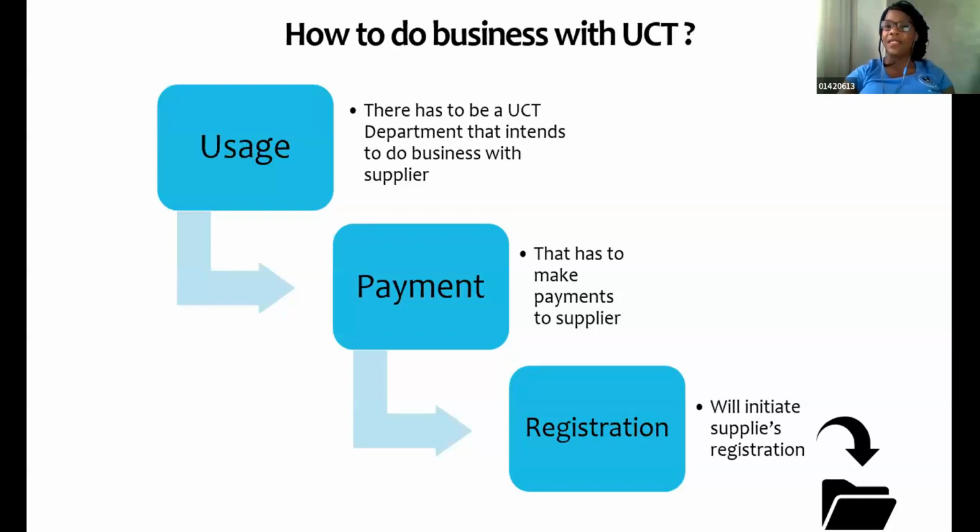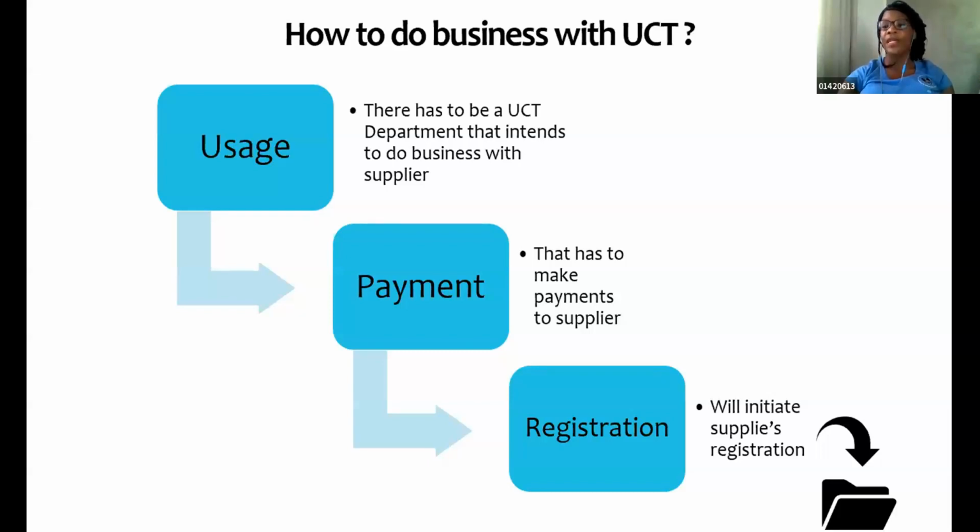Whichever UCT department has contacted you for quotes or for whatever, if they are happy with your quotes, they will then initiate your registration, and then we create a record for you on our system. That is how you do business with the university.